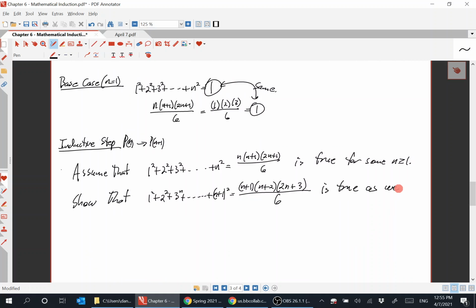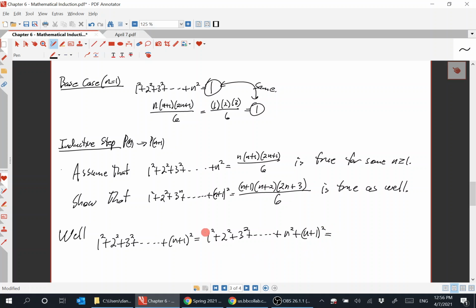Okay, well, 1 squared plus 2 squared plus 3 squared plus n plus 1 squared is equal to, well, what comes right before n plus 1 squared? What's the term right here? n squared.